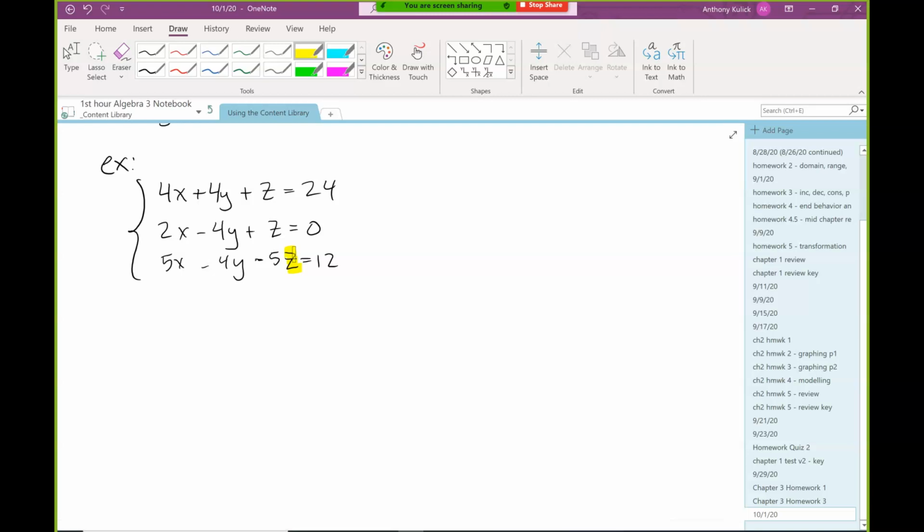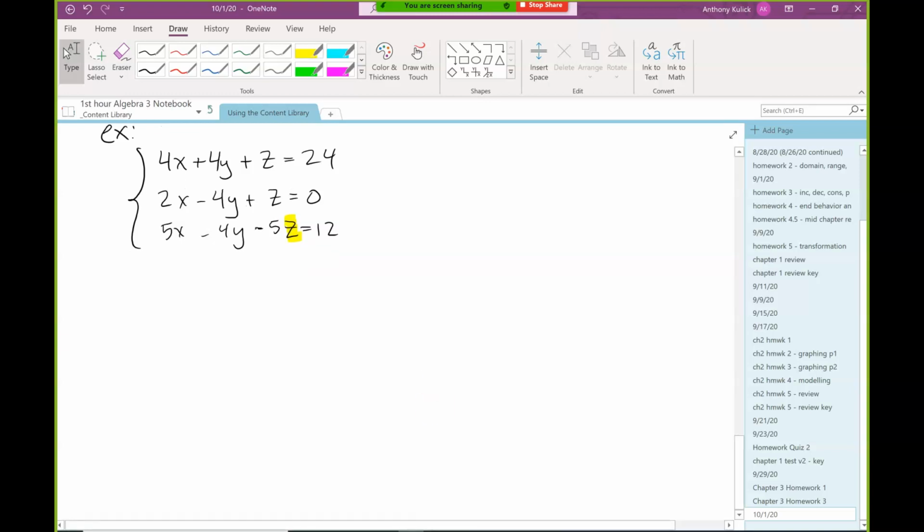Okay. So let's do this as a substitution problem first. Sound okay? So I'll talk through the idea, and then we'll actually carry it out symbolically so you guys can see what's going on. The plan here is we're going to pick one equation and one variable, and isolate that variable.